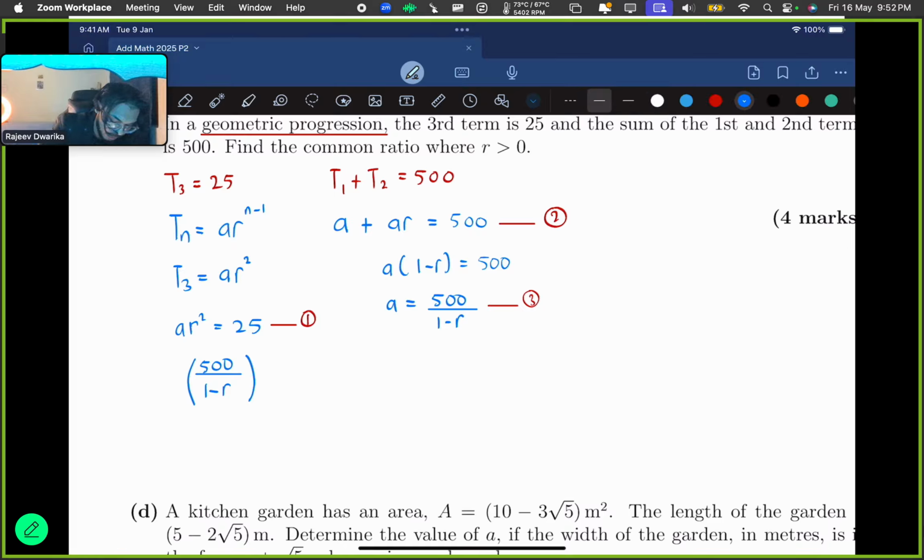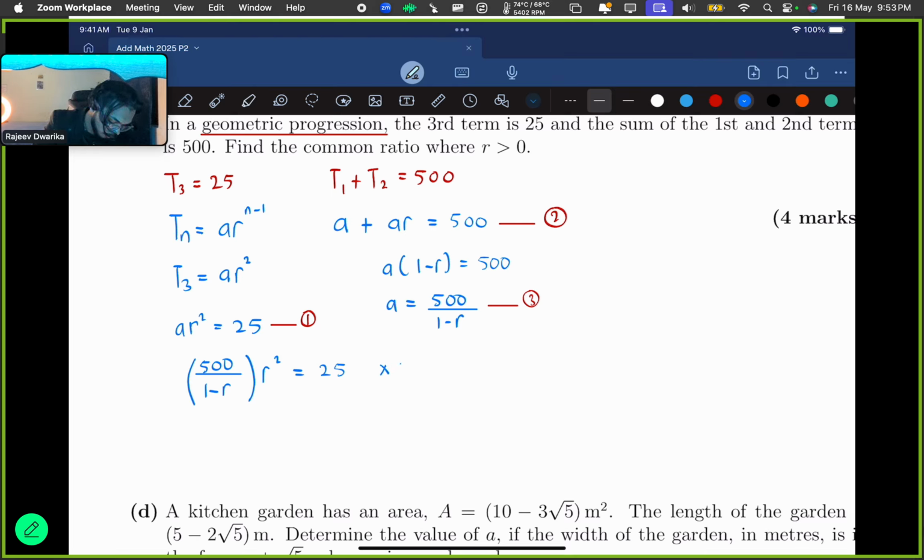I'm tweaking, my bad. So A is that, and r squared times A is equal to 25. Tell me what next? Well, it's basically making r the subject of that formula. We have 1 minus r in the denominator. We hate working with fractions, so what will we multiply by on both sides?